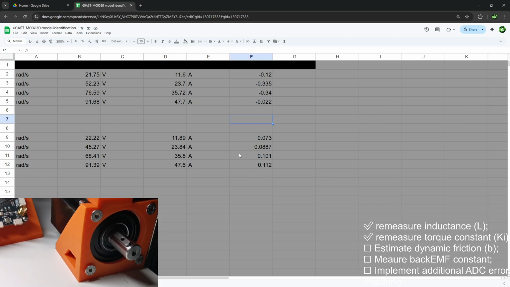So let's analyze. What do we expect? This is what we expect, this is what we expect, and this is what we expect. So let's plot the graph of what over what. Current over voltage and also speed over voltage. We need two graphs.